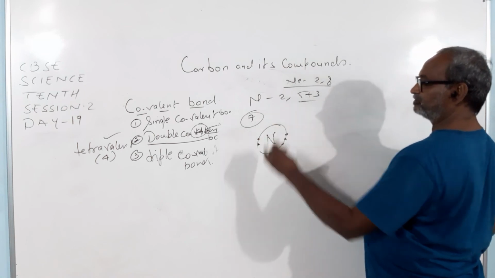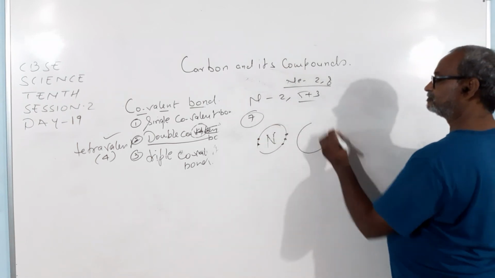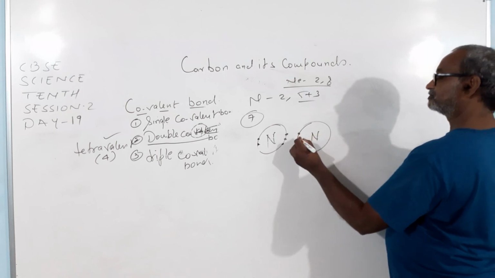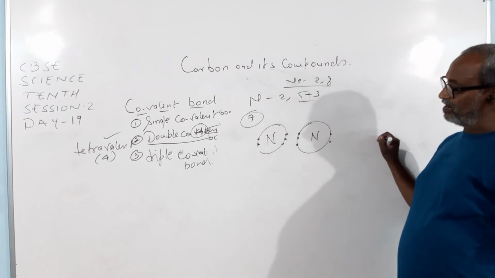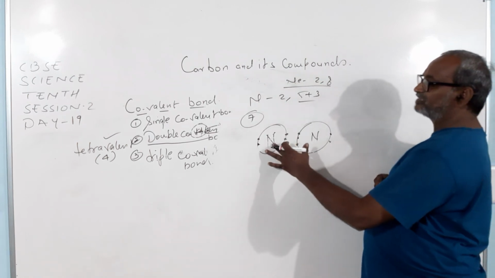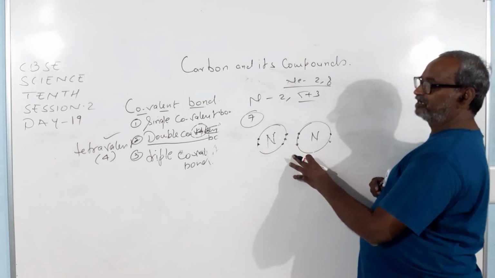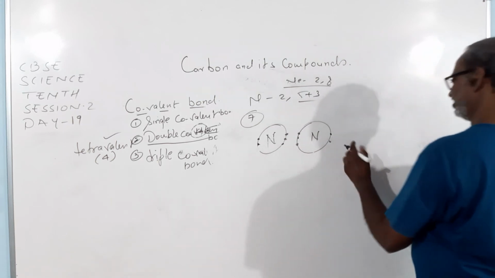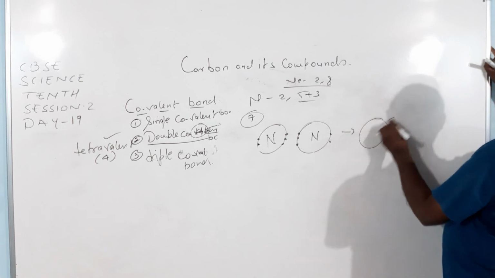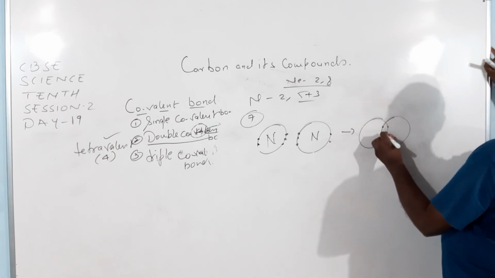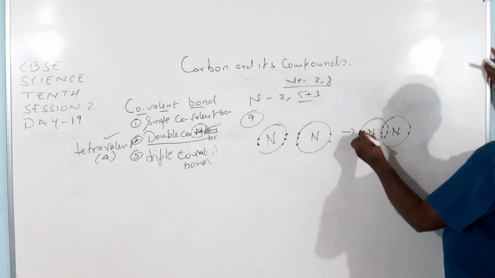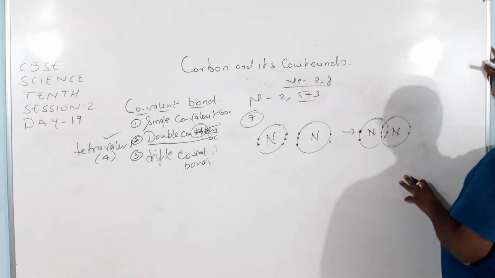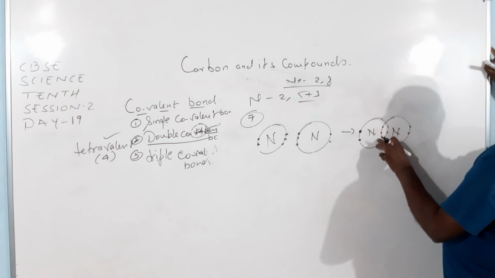So these are the 5 electrons in the outermost orbit. Now since nitrogen atom requires 3 more electrons to complete its octet, therefore, 2 nitrogen atoms share 3 pairs of electrons between them. And you can see that the octet of both nitrogen atoms is completed. 1, 2, 3, 4, 5, 6, 7, 8.